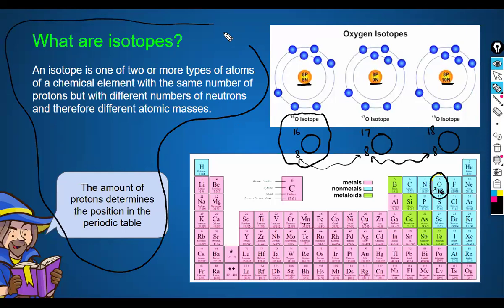And remember, the protons determine the name of an atom. And of course, the name of an atom determines where it is placed in the periodic table, which means the amount of protons really determines where it's placed in the periodic table, because the protons determine the name. Take down everything as circled there.